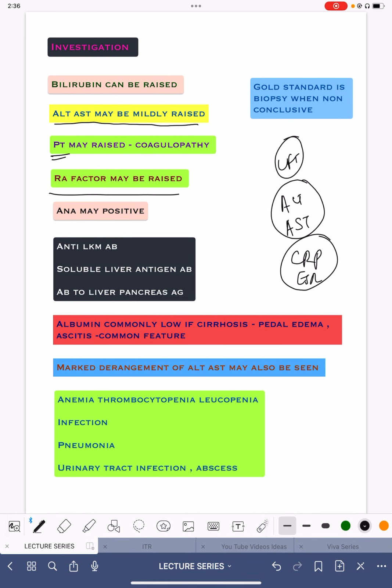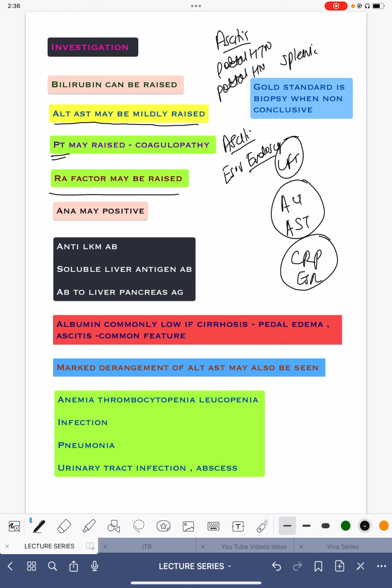As we know, these patients may have cirrhosis, so the presence of ascites can be a feature. Portal hypertension and multiple splenic collaterals can be there. There can be esophageal varices, which we can find on endoscopy.